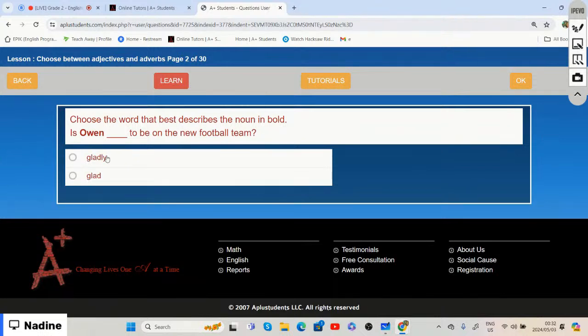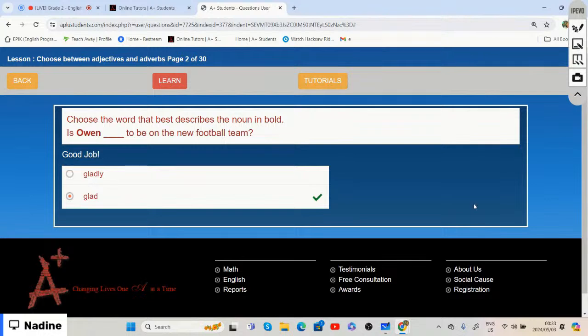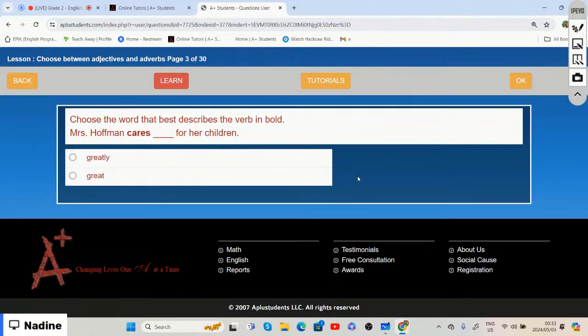Option one for gladly or option two for glad? All right, so if we were to choose the correct word, then we would say, is Owen glad to be on the new football team? So well done. Glad, option two, is correct.